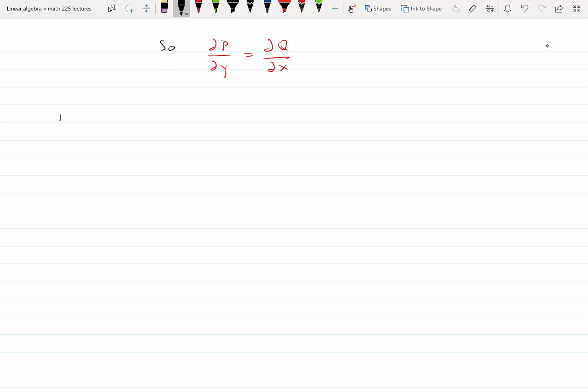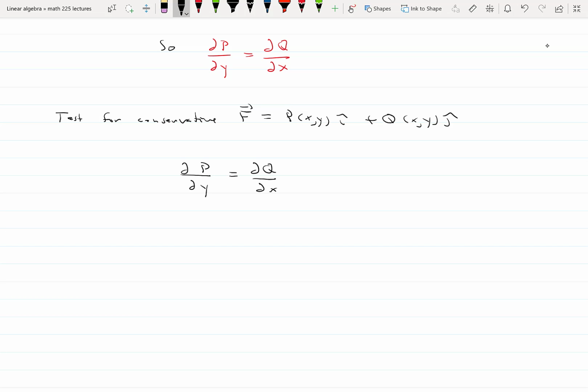So here's the test. The test for a conservative field F equals p of x y i plus q of x y j. The test is the partial of p with respect to y equals the partial of q with respect to x.